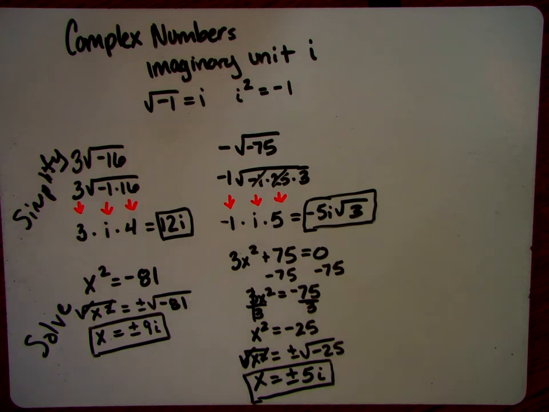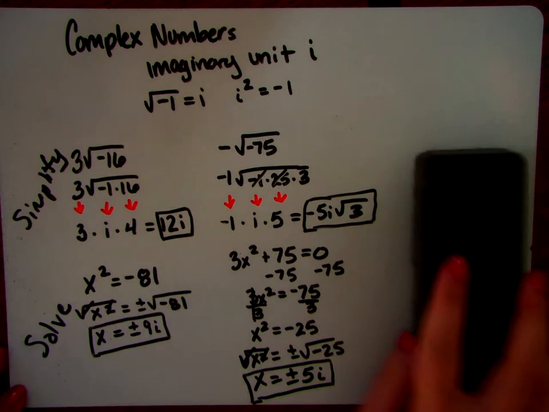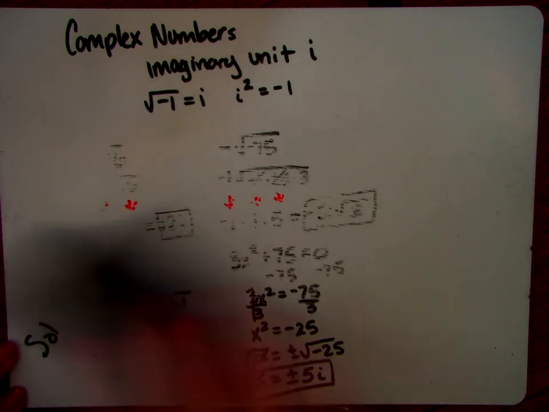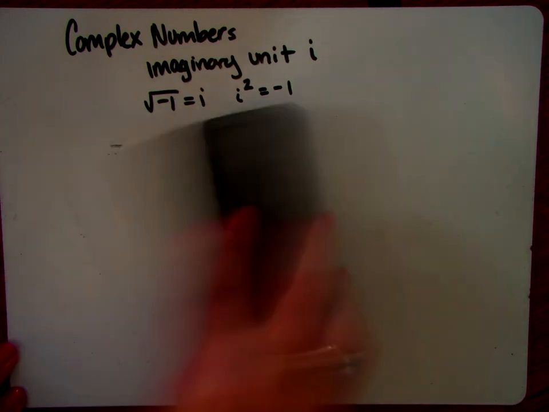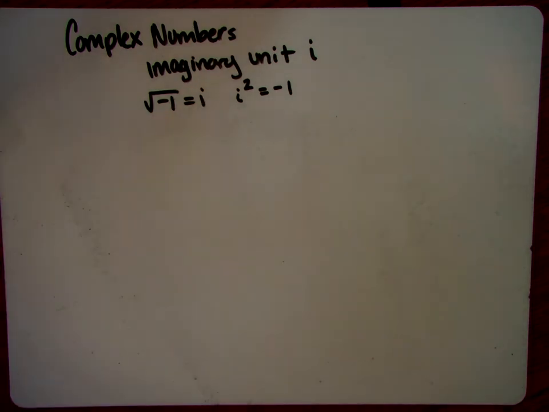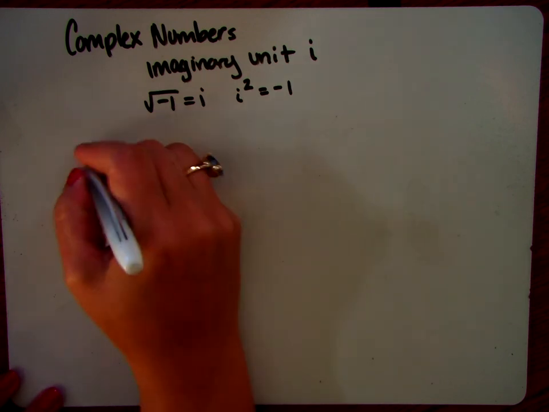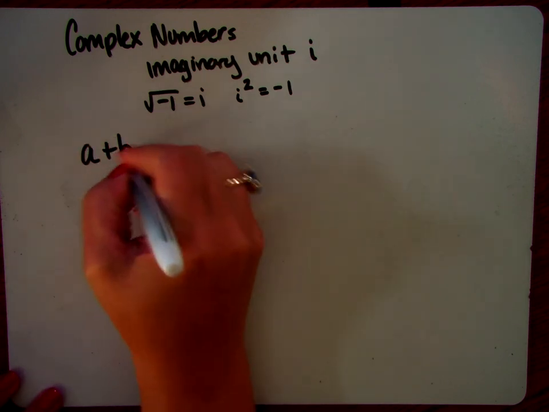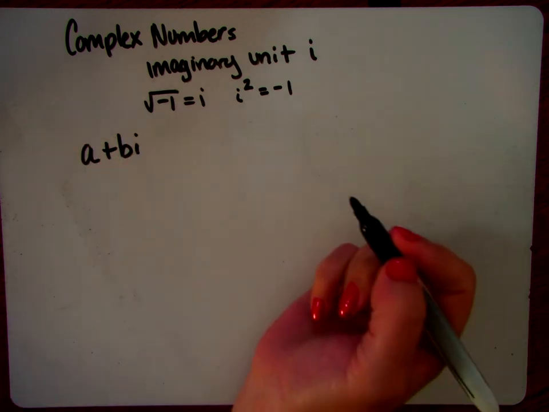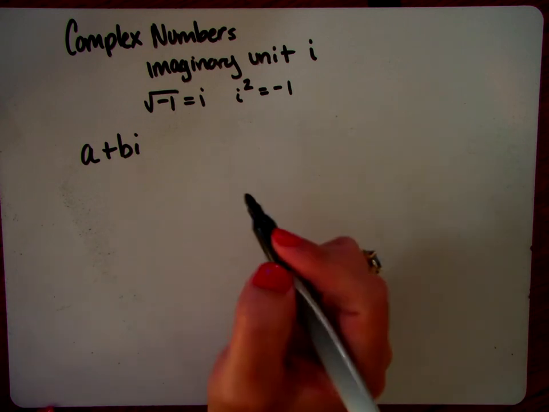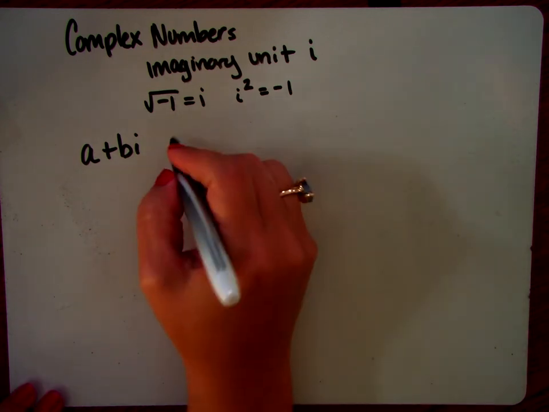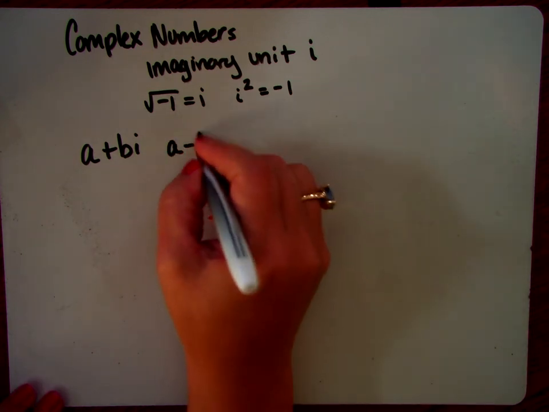Now, I want to talk about conjugates. Complex numbers are written as a plus bi. The conjugate of a plus bi would be a minus bi.